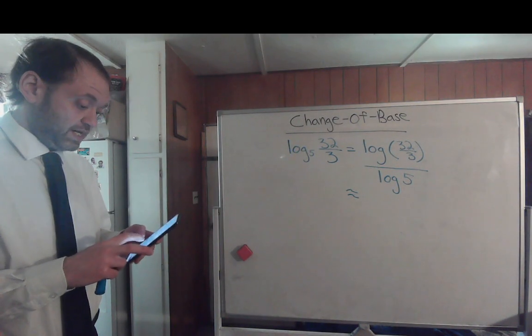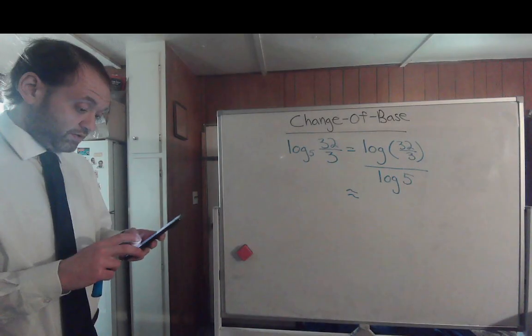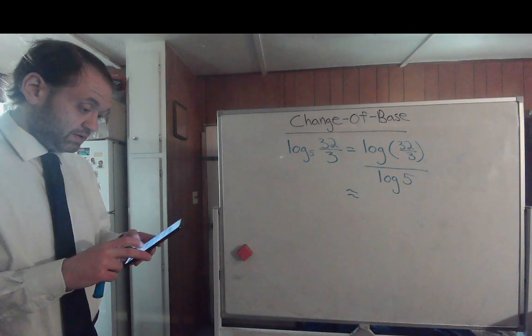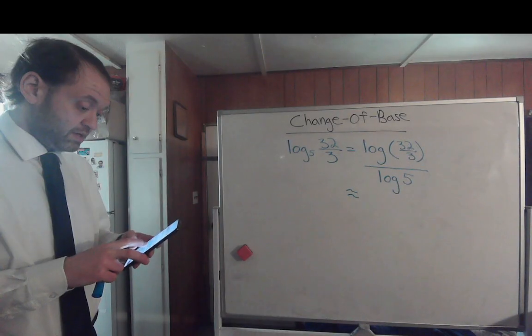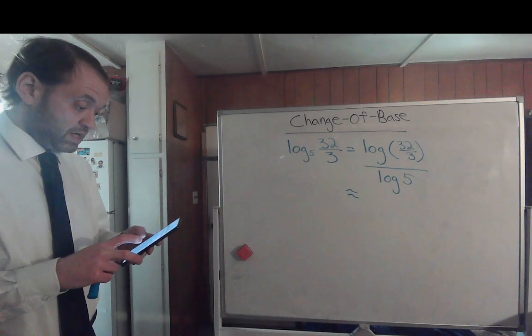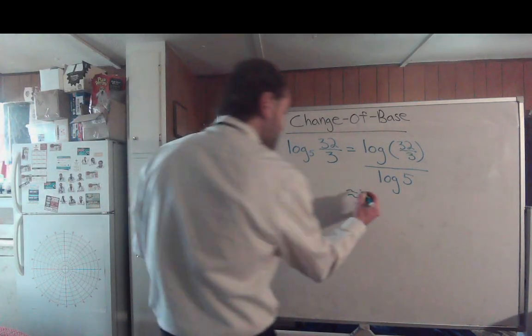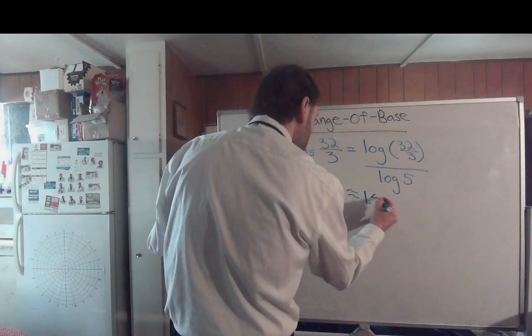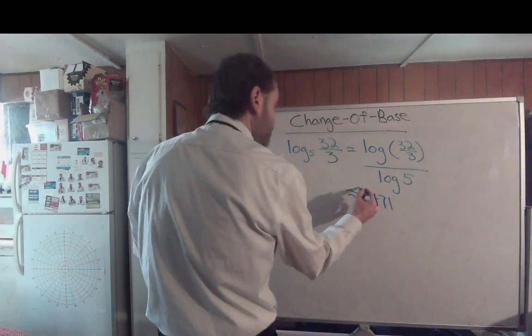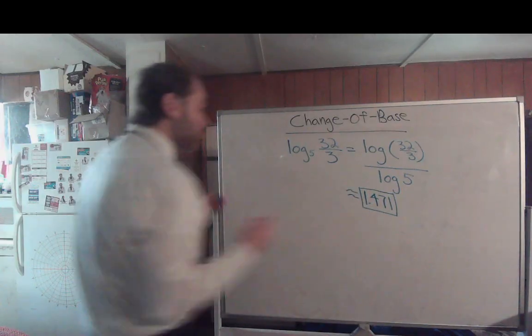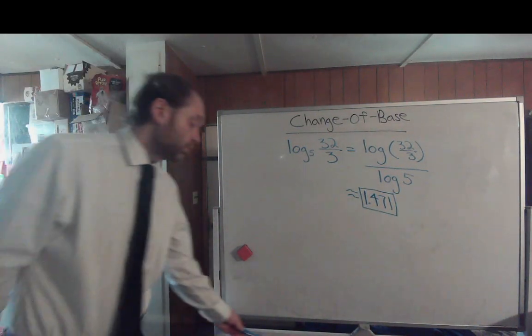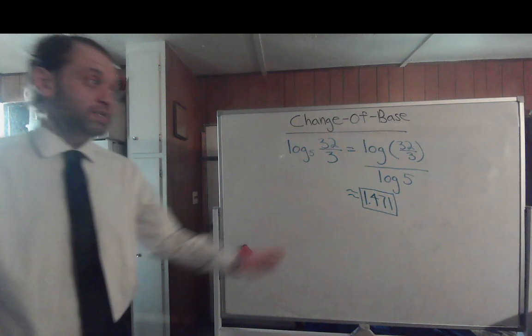All right, so let's see. Log of 32/3. You get approximately 1.471. So what you should get is approximately 1.471 for the answer to 3 decimal places.